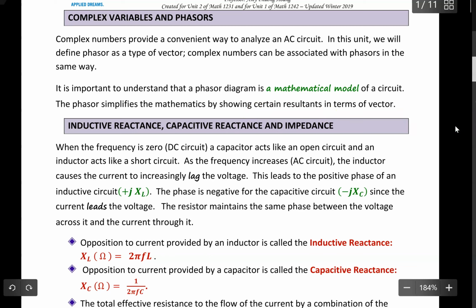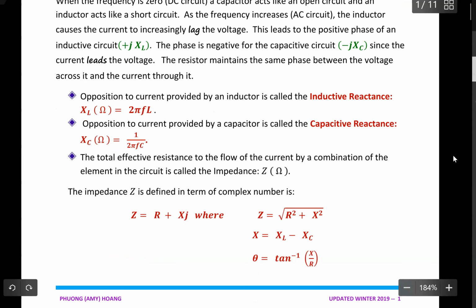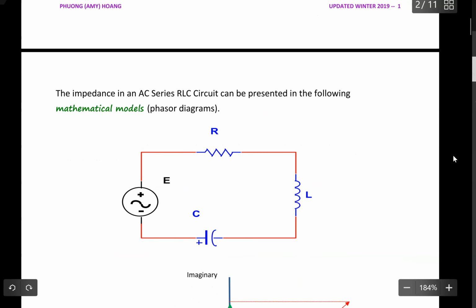Before I get into the details of how to calculate the inductive reactance, the capacitive reactance, and the impedance, I would like to draw your attention to the circuit right here. As you see, in this circuit, I have an AC source. I connect in the circuit a resistor, an inductor, and a capacitor.